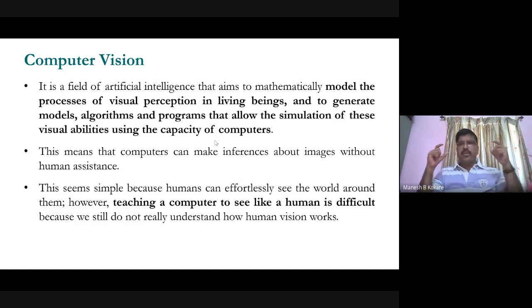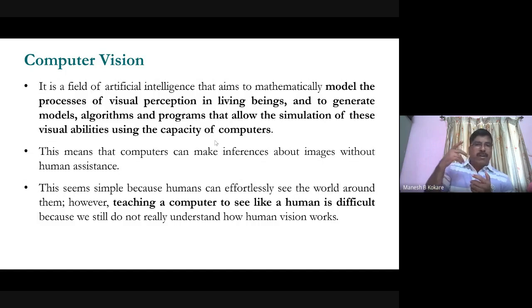From your eye, you get visual information. From your ear, audio information. From the tongue, taste information. From the nose, smell information. And from the skin, touch information. Out of that, 78% of information you get from your eyes, meaning the maximum information comes from visual data, and the remaining 22% from the other sensory organs.